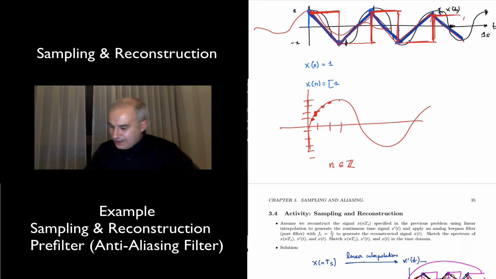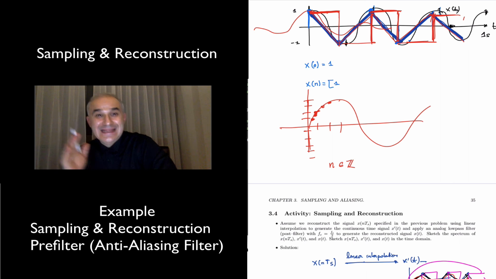Now, when we do the discretization in time, there is all this theory about the sampling theorem, how you do the ideal reconstruction, what happens in the spectrum.